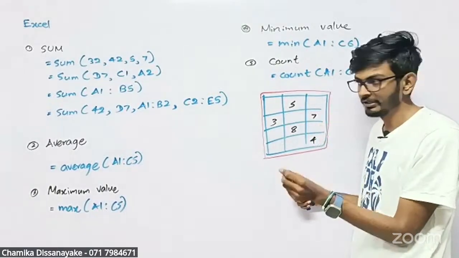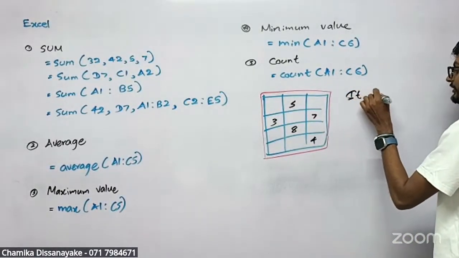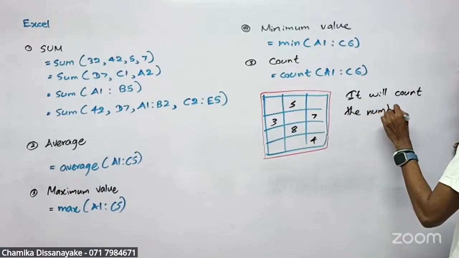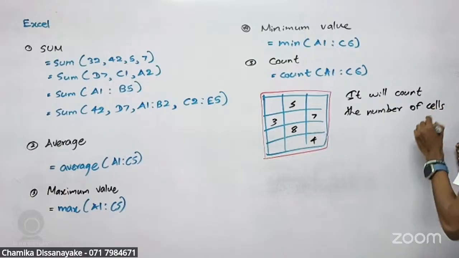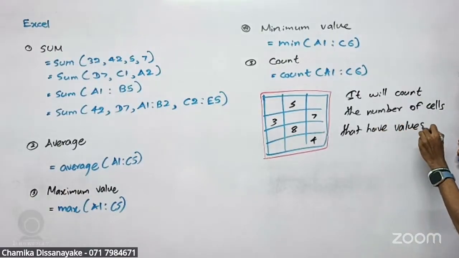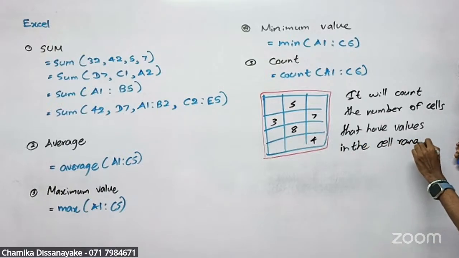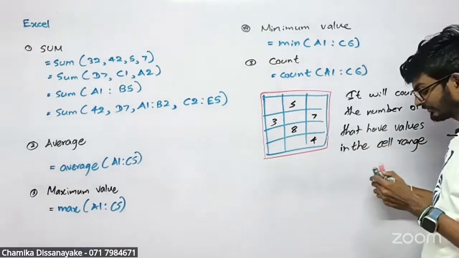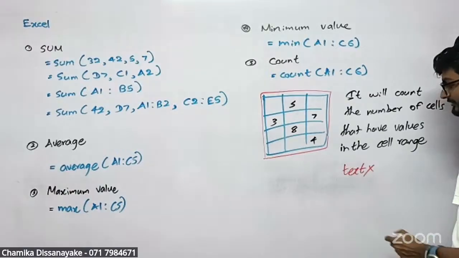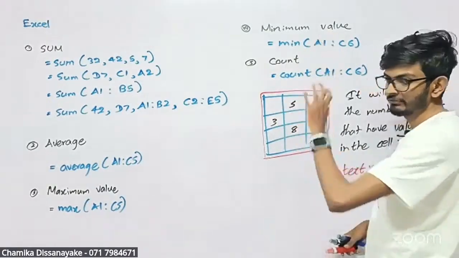Just remember, only the values, not text. In this case, it will return 5. The number 5 will be written.